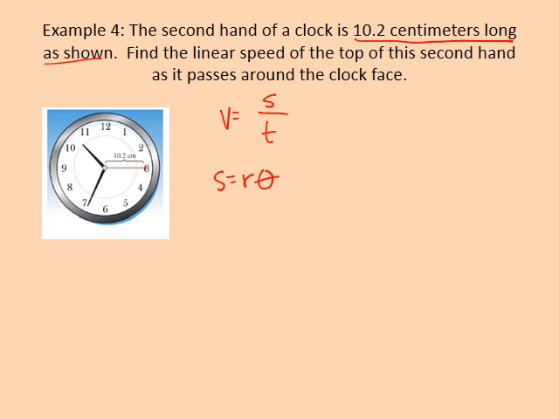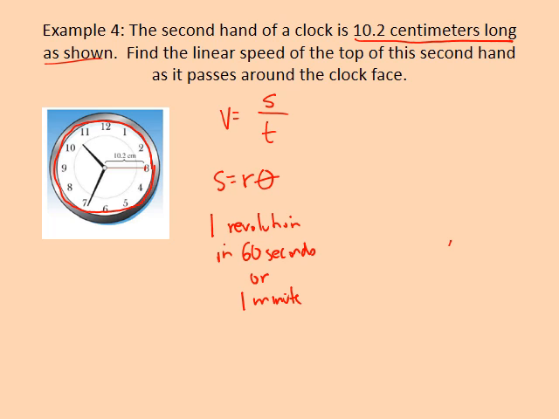Now, in this particular situation, our second hand is traveling around a clock, and we know that it makes 1 revolution in 60 seconds. Now, you can represent it as 60 seconds or 1 minute. This particular problem did not say what the units were, so you can use either 60 seconds or 1 minute.